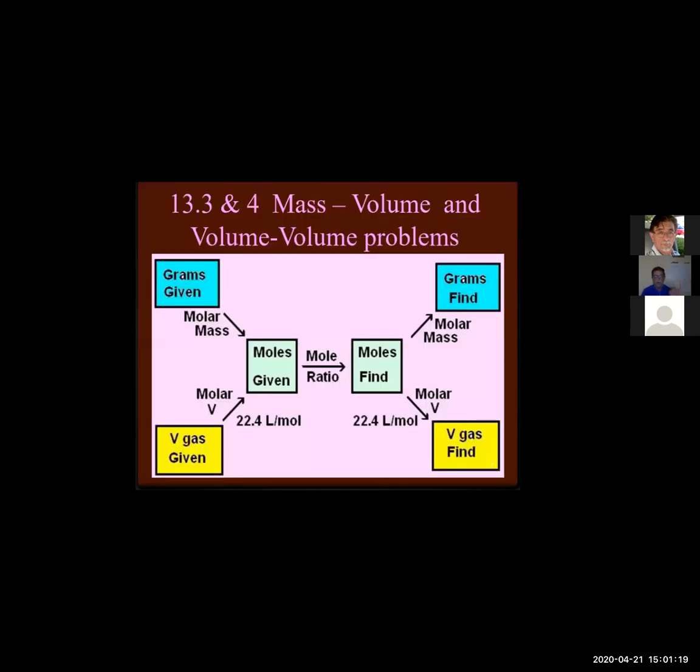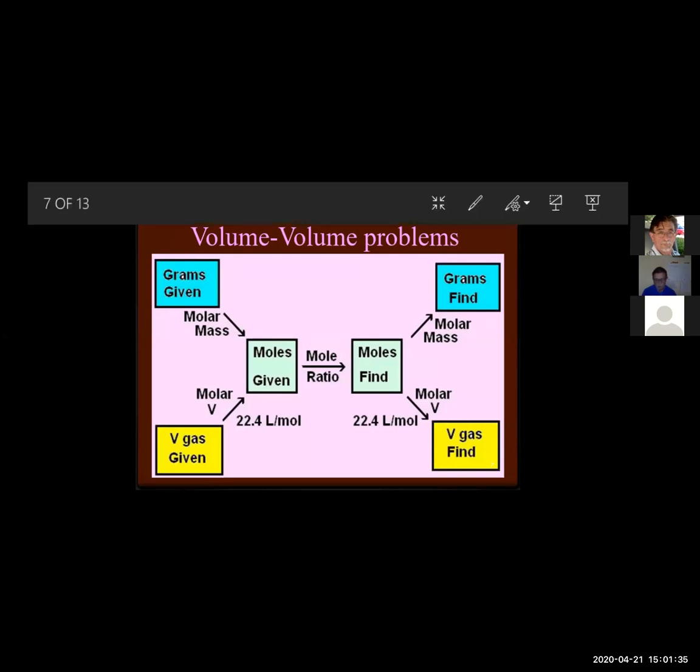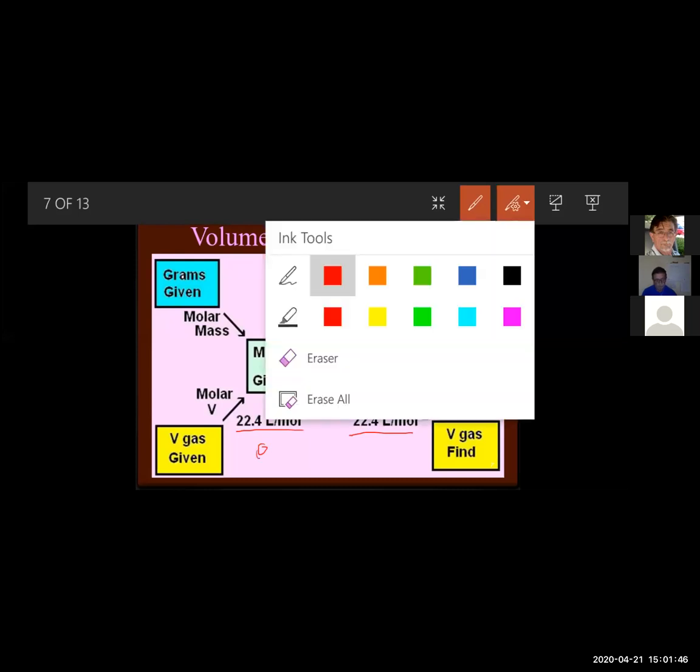Now this flow chart kind of puts it all together. For the ones in the bottom left and the bottom right, the ones in yellow, that is only true if you are under STP conditions. Remember, 0 degrees Celsius, excuse me, let me erase that.